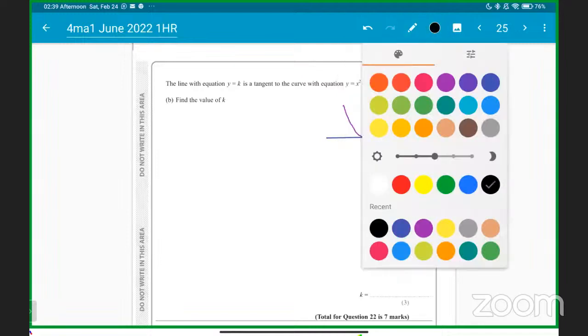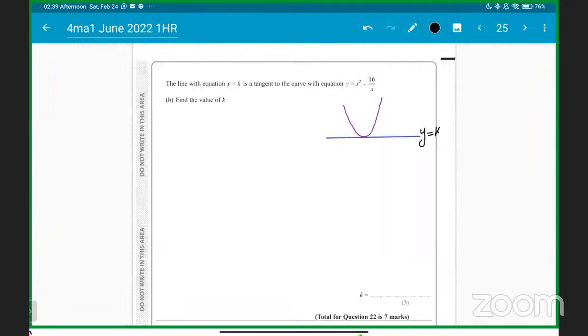They are saying that this is the line y equals k. We have to find the value of k. It is a tangent to the curve, which means it just touches it here. Getting it, guys? Clear with me? Any questions? Let me know.